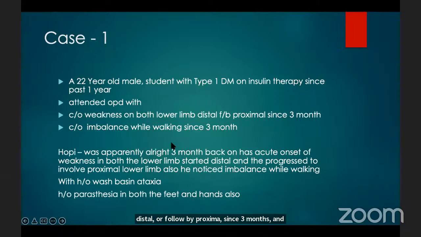The patient was apparently all right 3 months back, and he's on insulin therapy for diabetes. He came with acute onset weakness in both lower limbs, which started distally, followed by progression proximally. He also noticed imbalance while walking with a history of wash basin ataxia. He also has a history of paresthesia in both the feet and the hands.